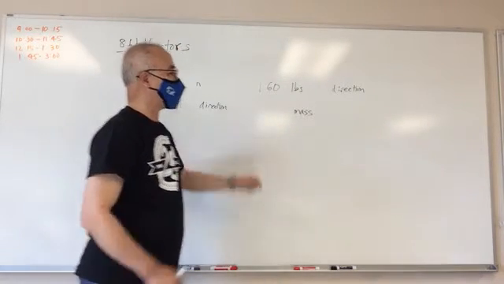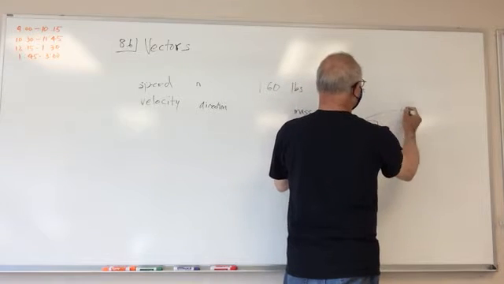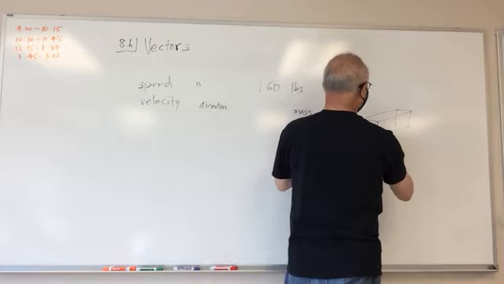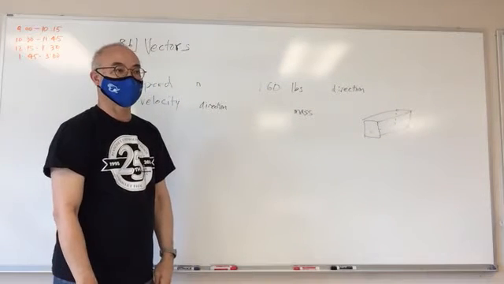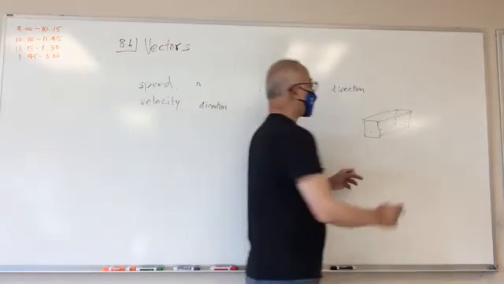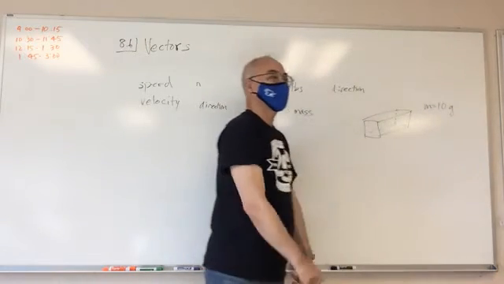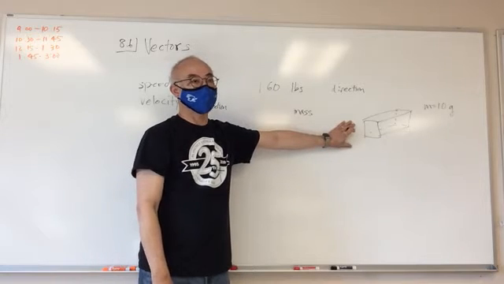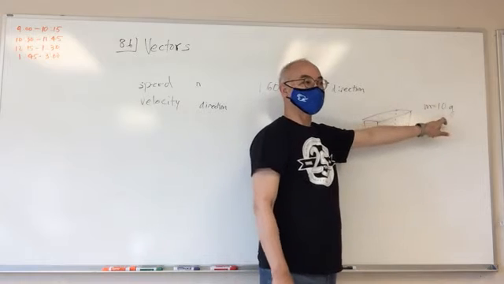Let's say I have an object and the mass is 10 grams. If I take this bar, or whatever, to the moon, the mass is still going to be 10 grams.